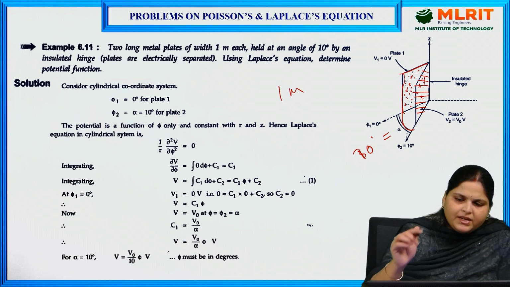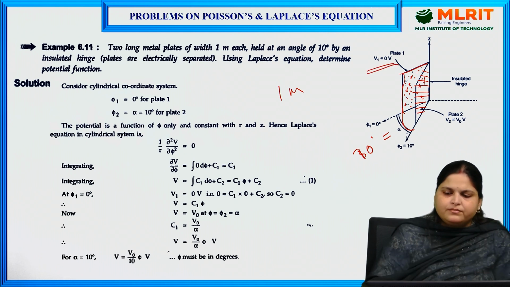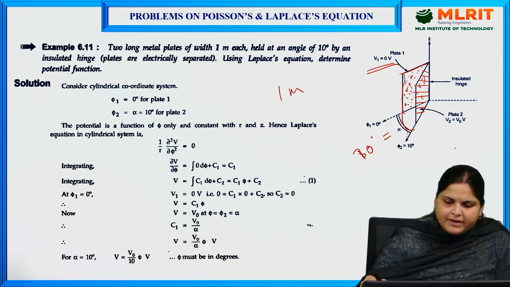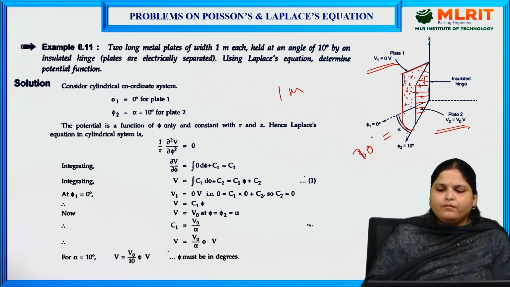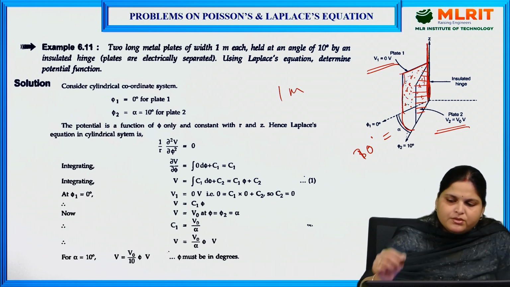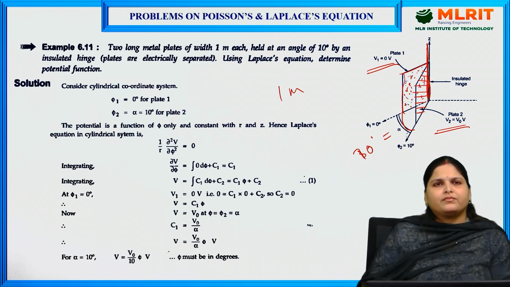The potential at the first plate is 0 volt, and the potential at the second plate we can consider as V naught V, right? This is the diagram, and this is a hinge. This is an insulated hinge, right?